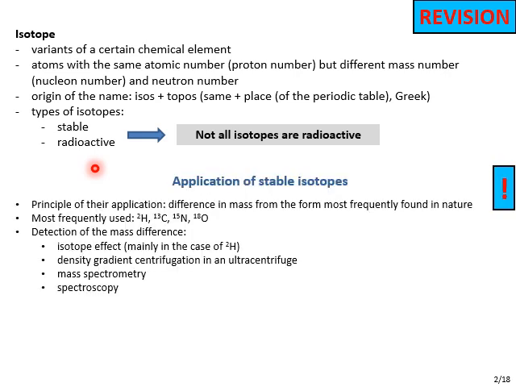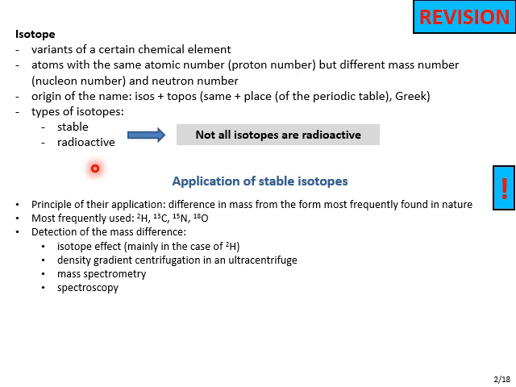So although in most of the lecture we are going to discuss the application of unstable or radioactive isotopes, in the first couple of minutes I'm going to summarize what you have to know about the application of stable non-radioactive isotopes. Since these isotopes are non-radioactive, their presence cannot be detected by radiation detection because they don't emit any kind of radiation.